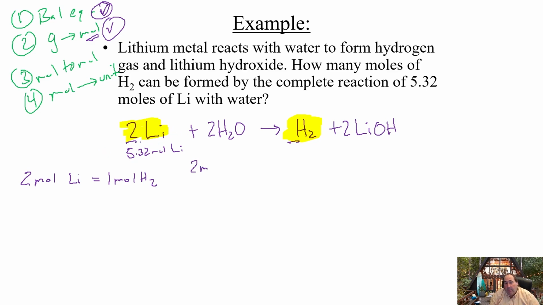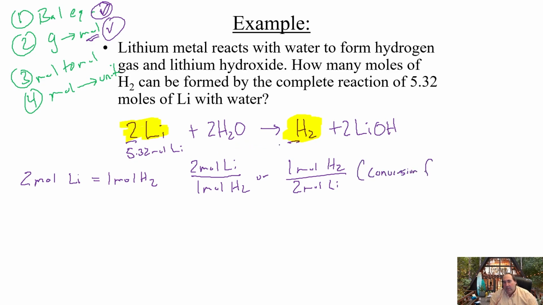We could write 2 moles of lithium over 1 mole of H2, or 1 mole of H2 over 2 moles of lithium. These are our 2 conversion factors that we could get from the balanced equation. And again, we're not going to use both of them. We're going to use whichever one's going to work in our case.